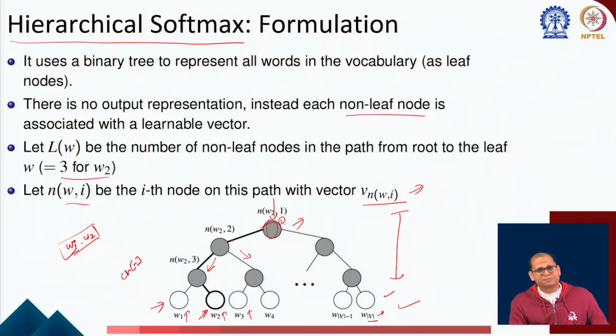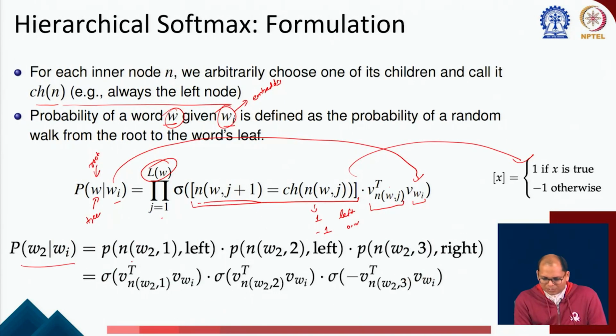So, I am going left, so I will use positive, again left positive, and then right negative. W1 left and W2 left and W3 right. Whenever I am going left, I will use plus 1. This will be simply Vn transpose W21 times Vwi. Again a left, so Vn transpose W22.